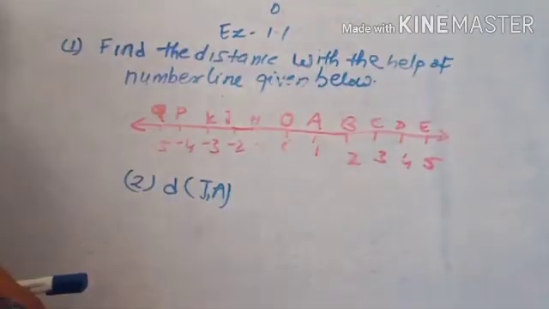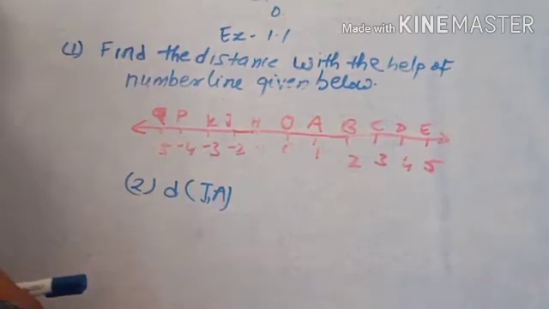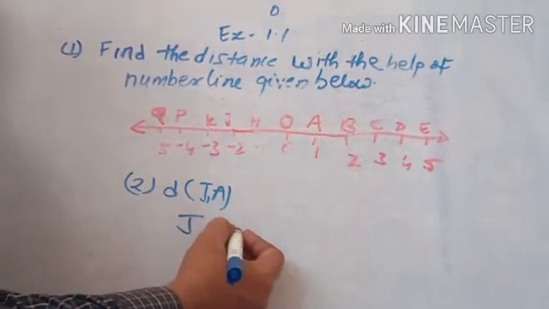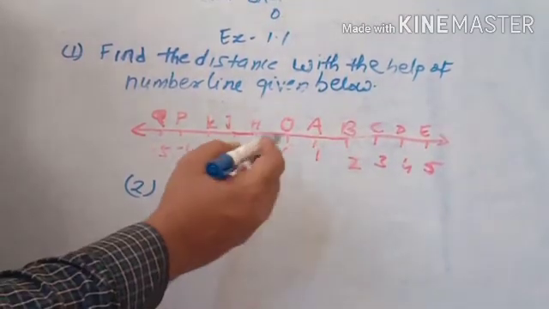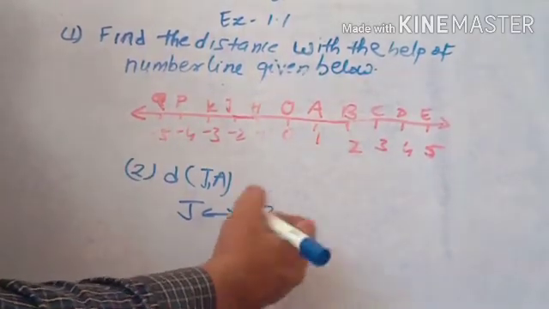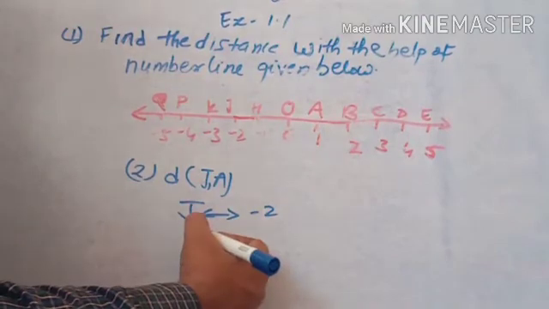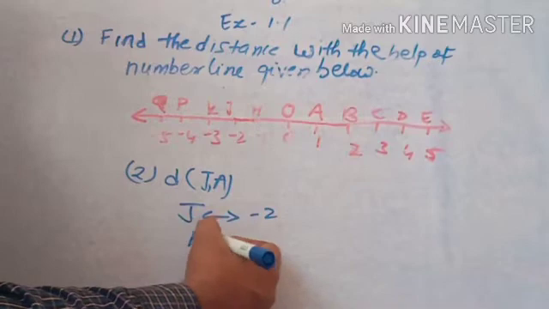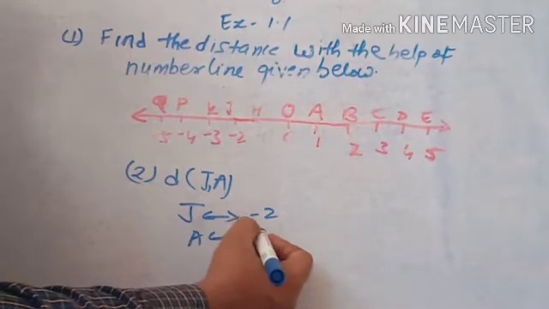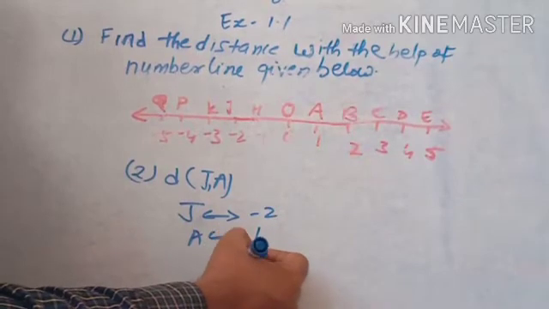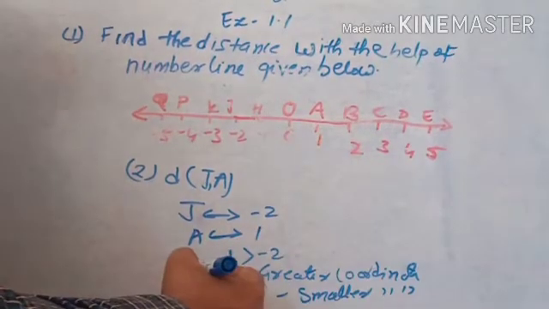The second one is we find the distance JA. For distance JA, first we write the coordinate of J. The coordinate of J is -2, and the coordinate of A is 1. Now -2 and 1, so 1 is greater than -2.